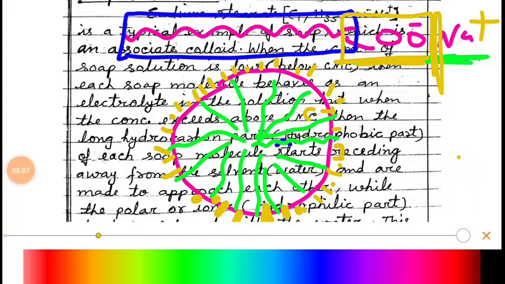Now finally, how does it help to remove this oily or dirty spot from the piece of cloth? Now when we wash the cloth, we first agitate the cloth, and when we agitate the cloth, the water washes.